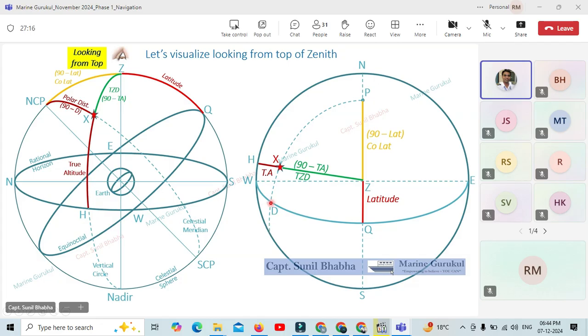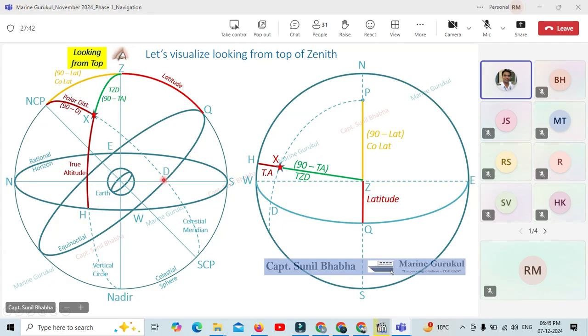Now the celestial meridian of the body cuts the WQE line. WQE line is the equinoctial at point D. Now you can look at it in the celestial sphere also. Celestial meridian from the pole going up to the body X goes up to the equinoctial at this particular point.